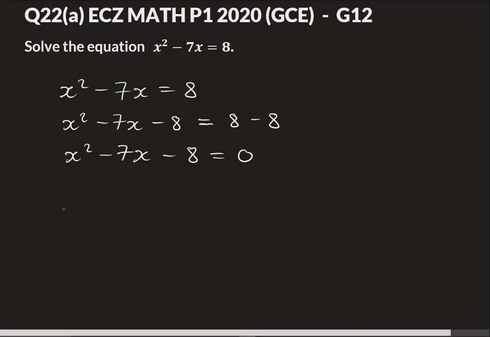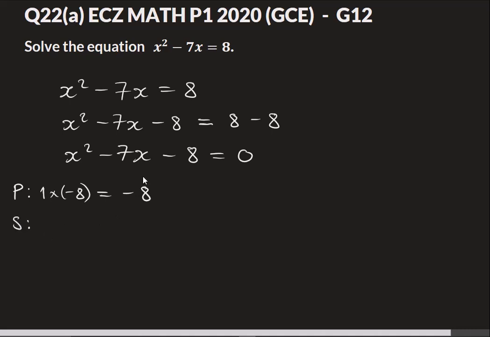So after we have done this, next we will find the product, sum, and factors. This time I'll be abbreviating products with P. The products, we said, is the number on the squared term, which is our A, if you can remember, multiplied by the C. So our product is 1 multiplied by -8, which is going to be equal to -8.